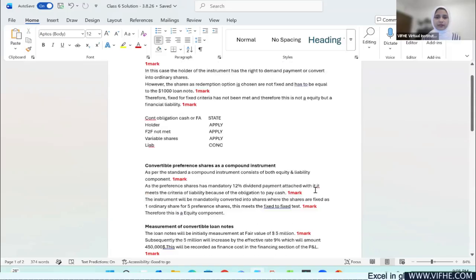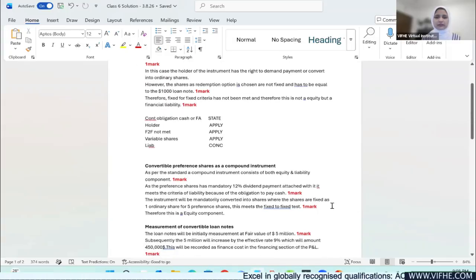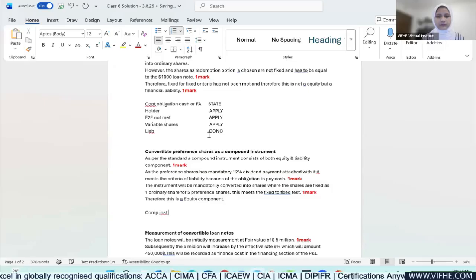What happened? Did I mistakenly delete the convertible bond points? Compound instrument? Maybe I did. Okay, I'll recreate it for you, no problem. We'll have both equity and liability.